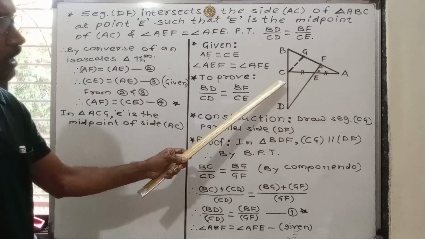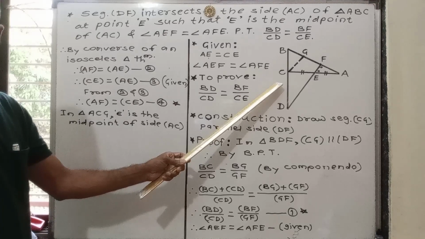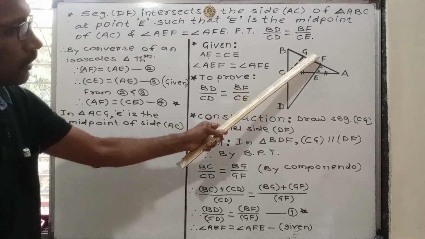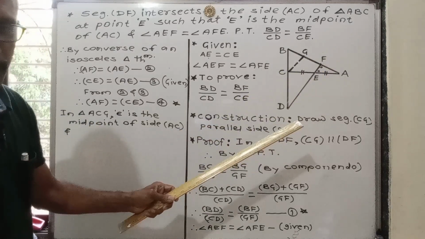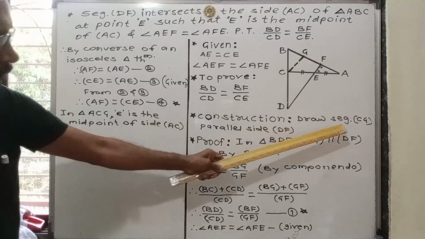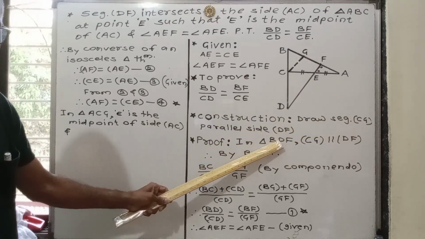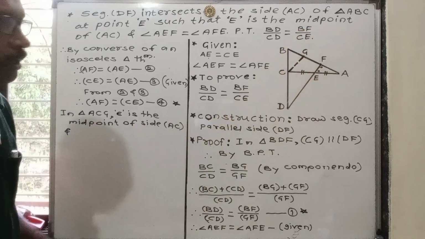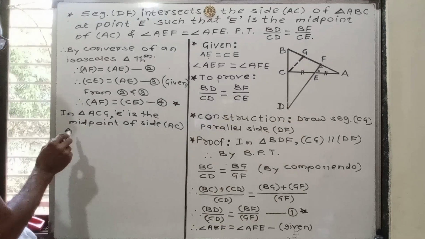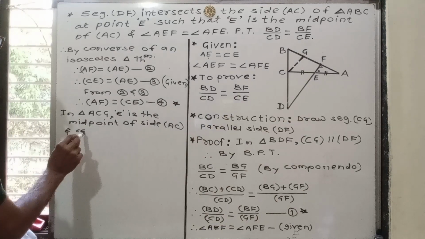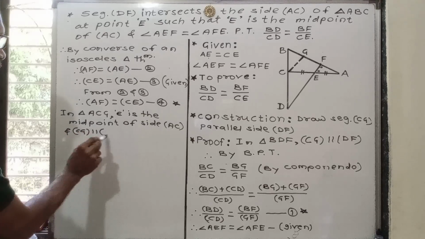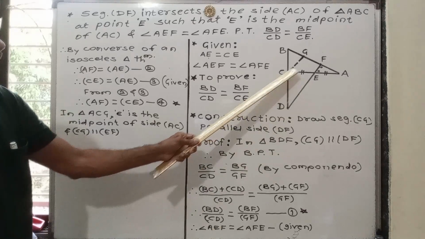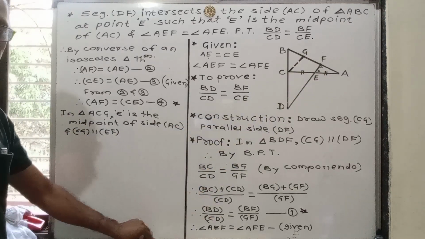E is the midpoint of side AC and CG parallel to side DF. Then CG parallel to EF.